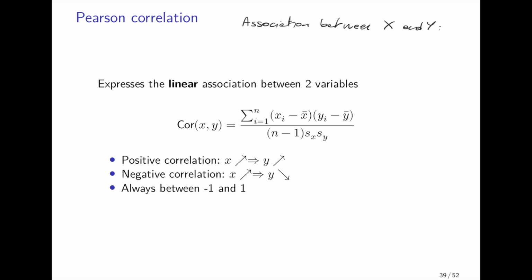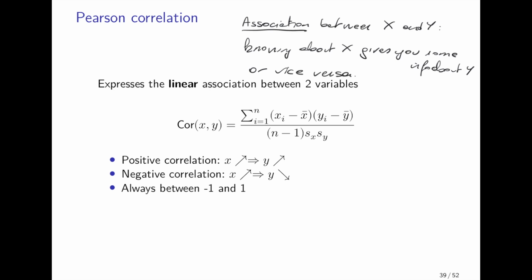So we say that we have an association between x and y if knowing about x gives you some info about y, or vice versa. Knowing something about y tells you something about x.